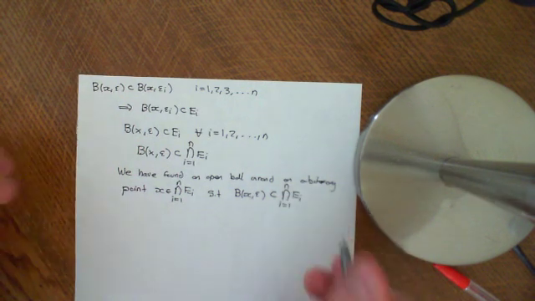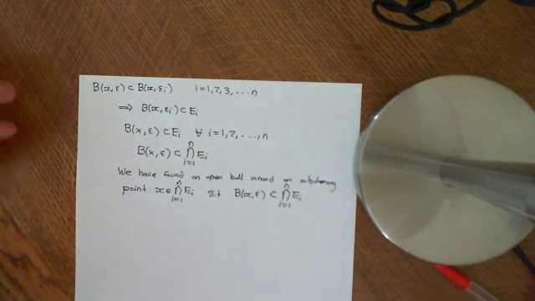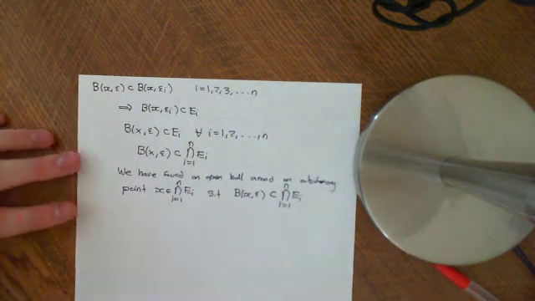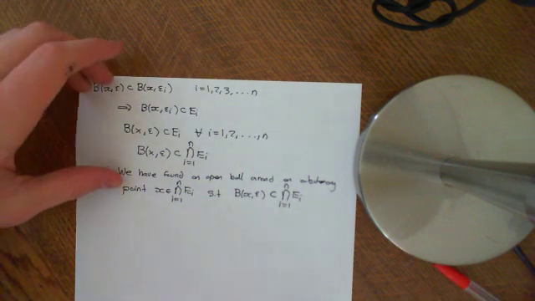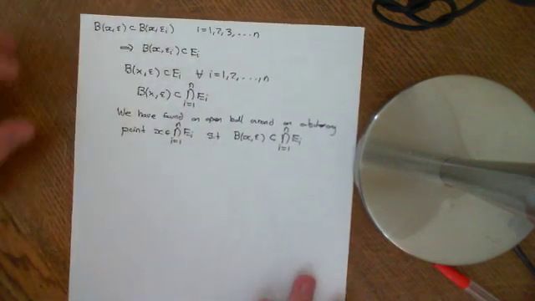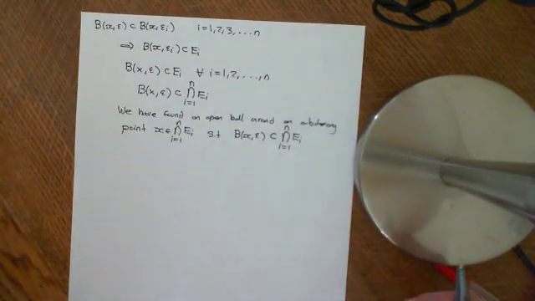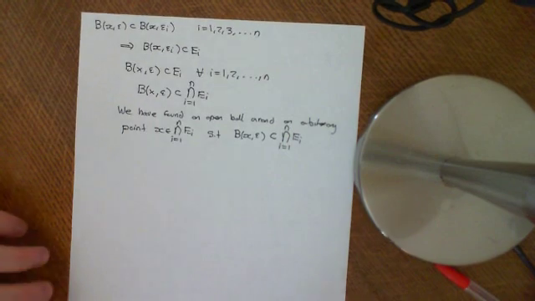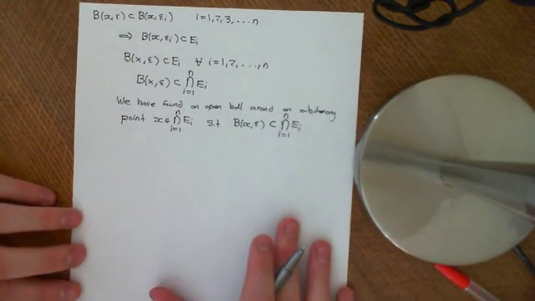Okay, so that shows that this set of open sets is closed under finite intersection, which shows that it does obey axiom 2 of a topology.